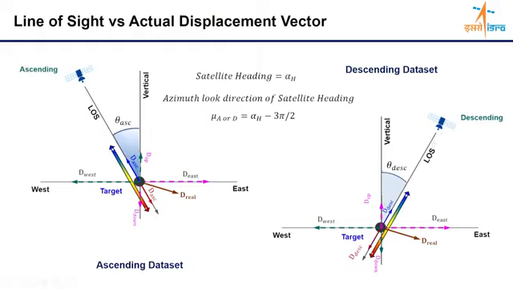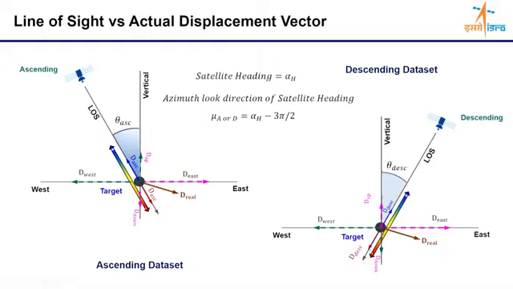The same situation we can assume in the descending pass. The descending pass is where the satellite is moving from the north pole to the south pole, not exactly, but from slightly eastward of the north pole to slightly westward of the south pole.